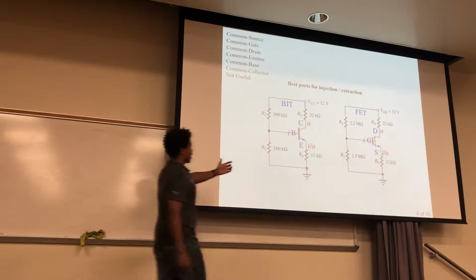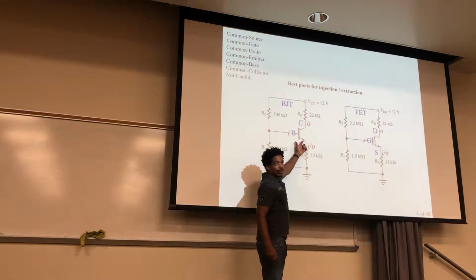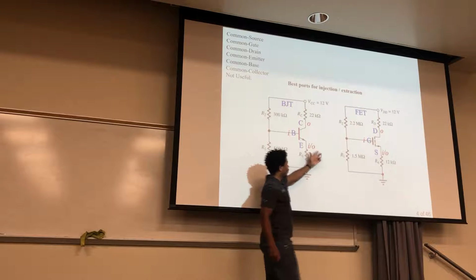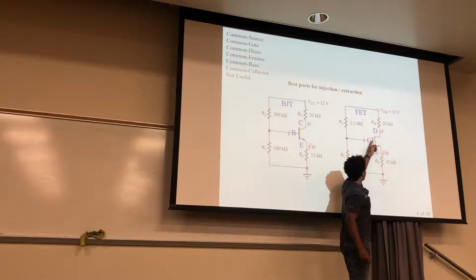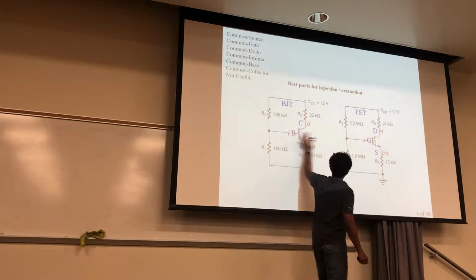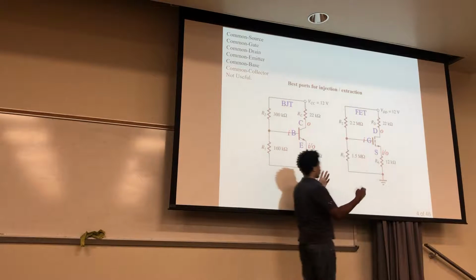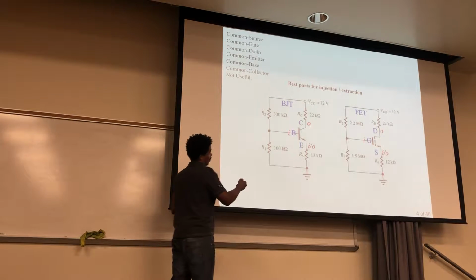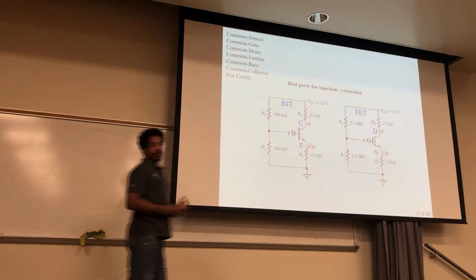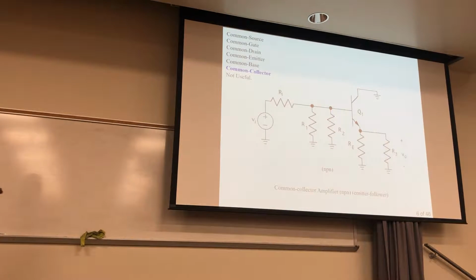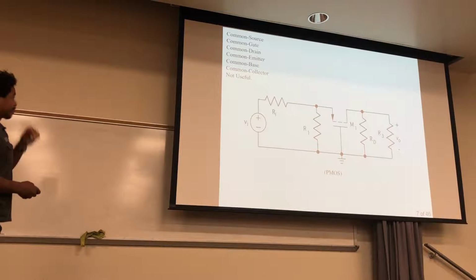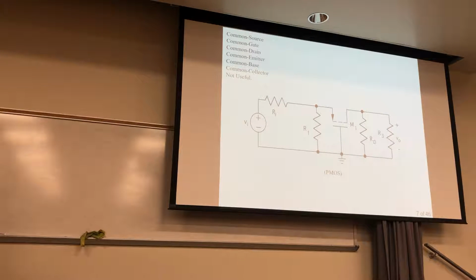One way to look at it: the ones with the arrow are either or. Both of these, the base and emitter coming in the top, those are our inputs, and the other one that's left is the output. Maybe you can think of it like that. That seems okay. So which of these is it?